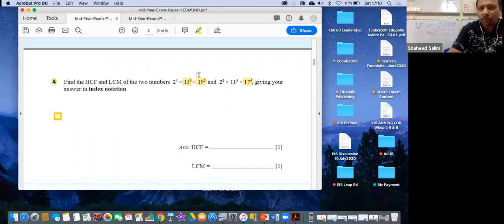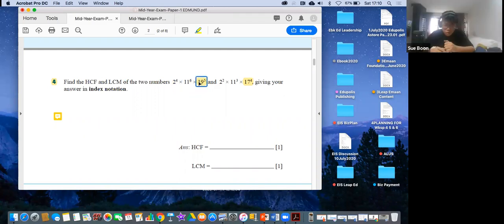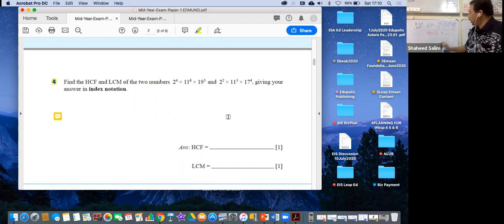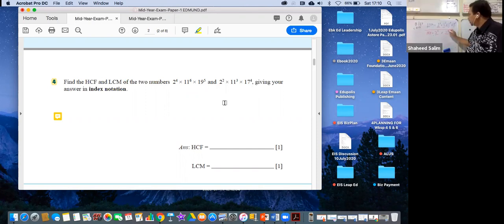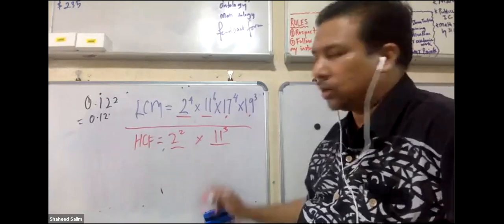Which one? 2 to the power of what? 2 to the power of 2, and times by... which one is the same numbers? 11 to the power of 3. So this is your HCF. Okay, your HCF is like that.